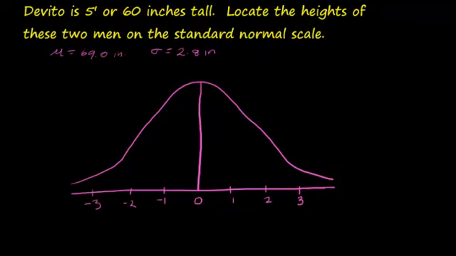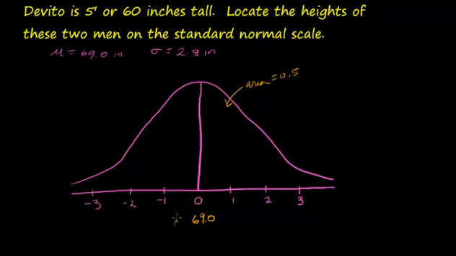Okay, recall that we said that the area here is half of 1, or 0.5. So that's telling us that the probability that a randomly selected adult male is taller than our mean, 69 inches, is 0.5. So this is our mean, and now I'm going to put the inches underneath here. For our real world problem, the mean is 69.0. On the standard normal scale, it's 0.